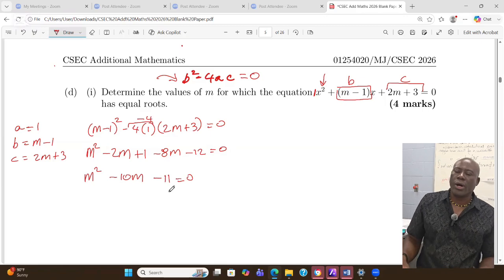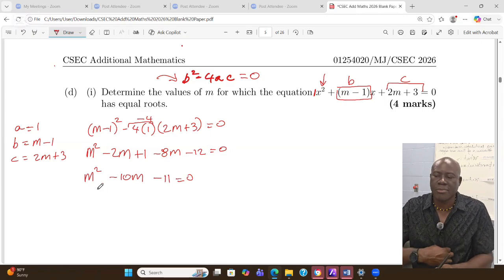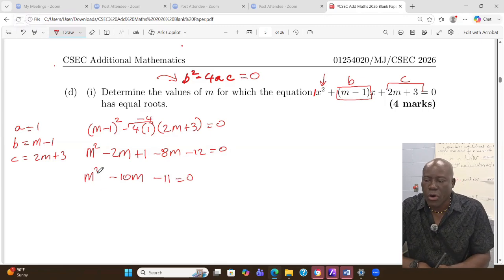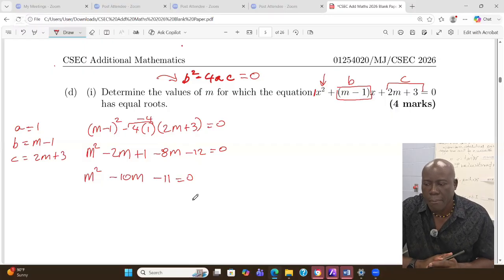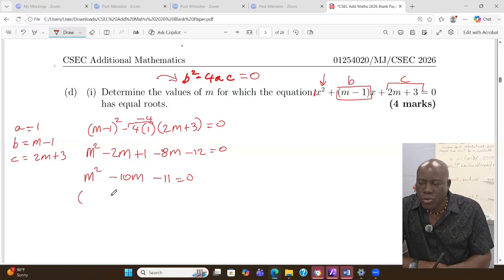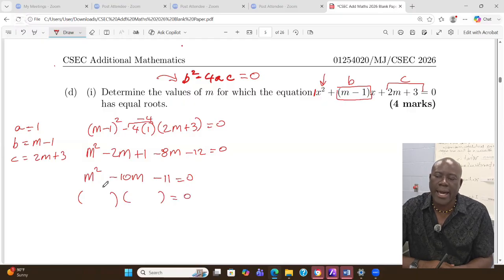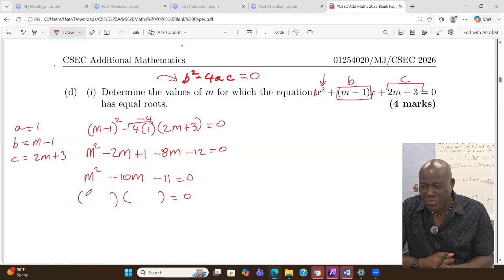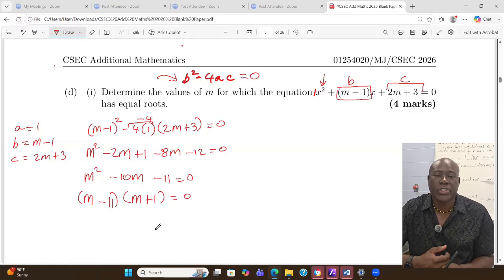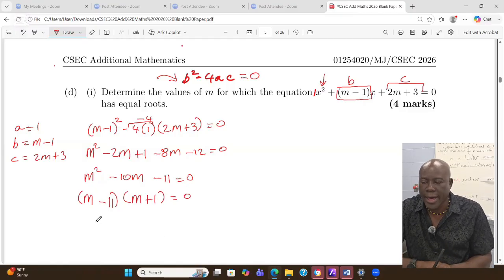Now we're going to try to factor this and solve, because I'm seeing 11. So this is m squared minus 10m minus 11. We open two brackets because my coefficient of A is 1. So I'm going to have m here and m here, with negative 11 and a positive 1. Quick factorization there. Then we solve for m.